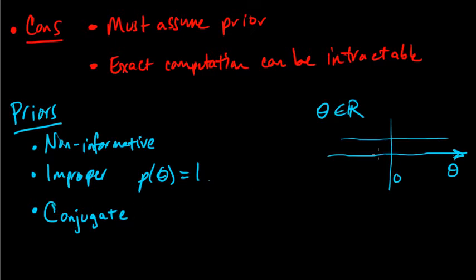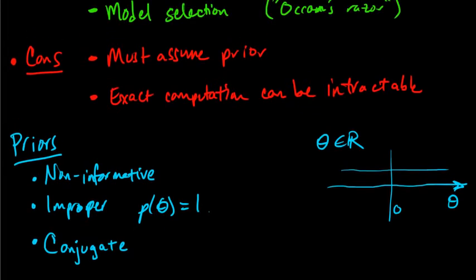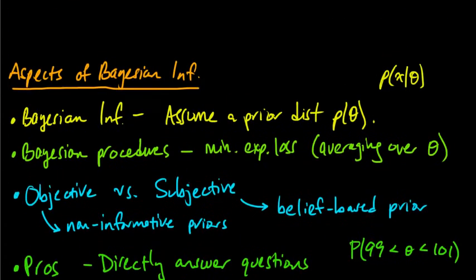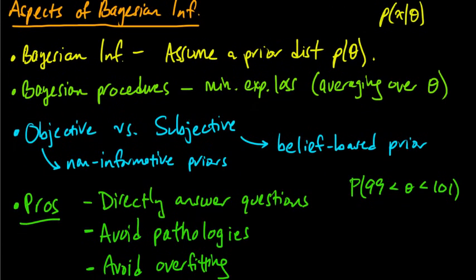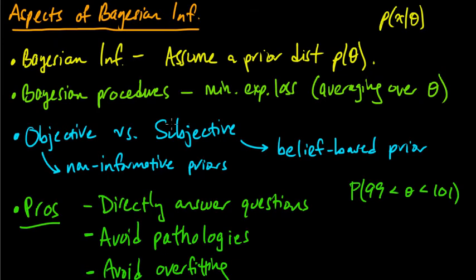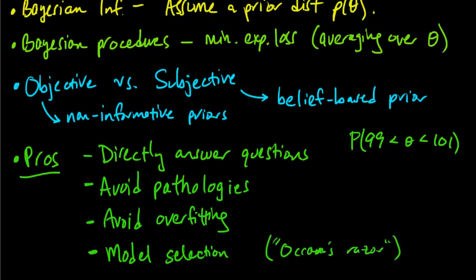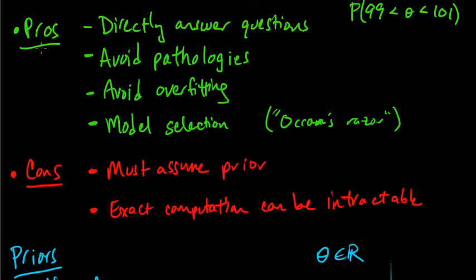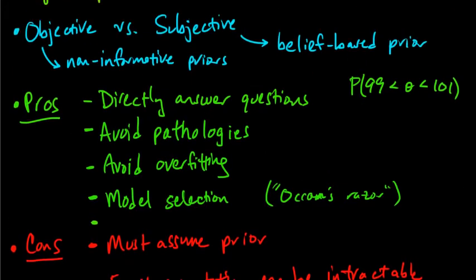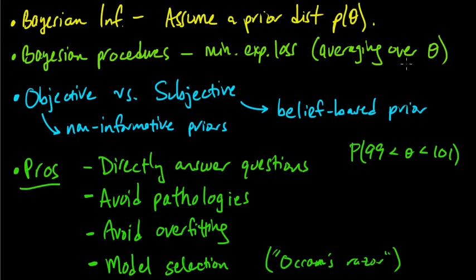All right, so this was the broad outline, in broad brushstrokes, of some of the different aspects of Bayesian inference. And oh, one other pro. I didn't mention one other very important pro here. Bayesian procedures, remember, were the ones that minimized your expected loss when you're averaging over everything, including theta.